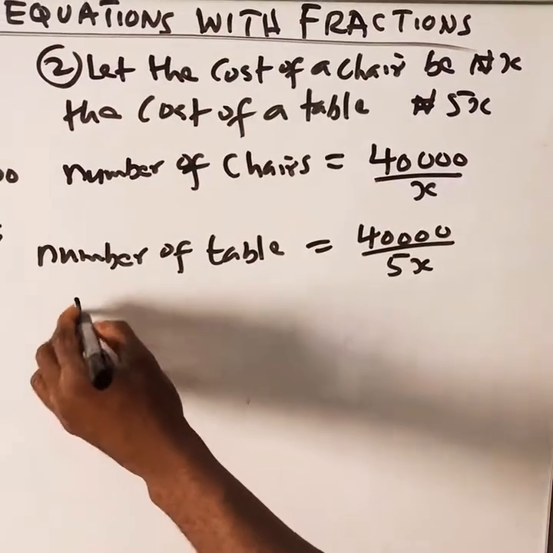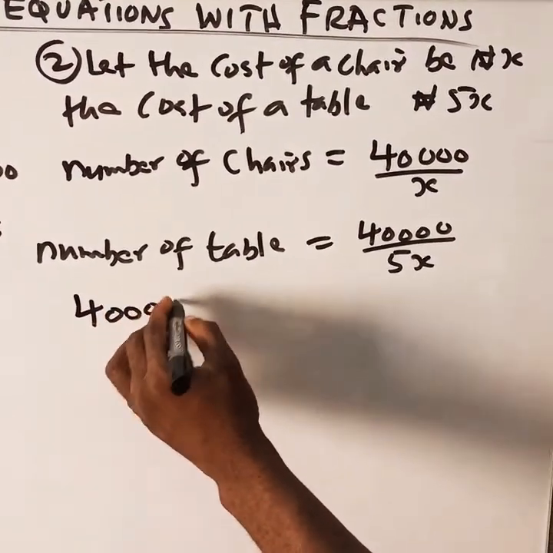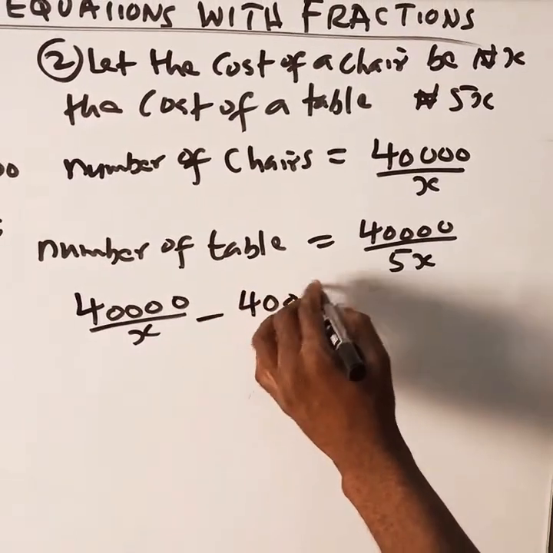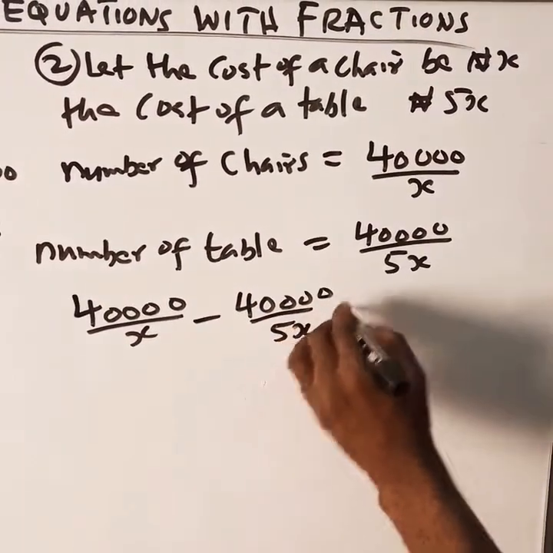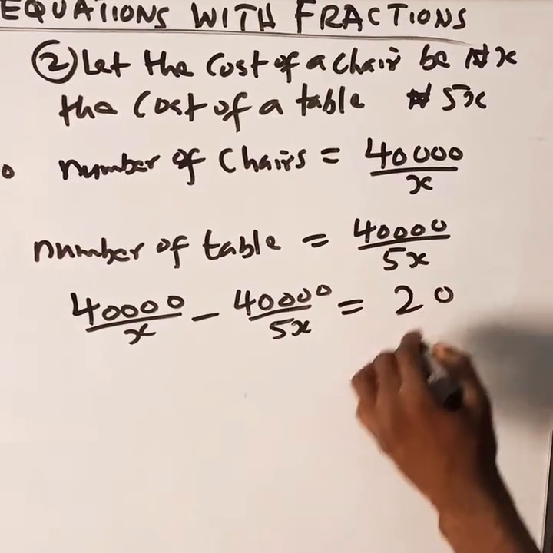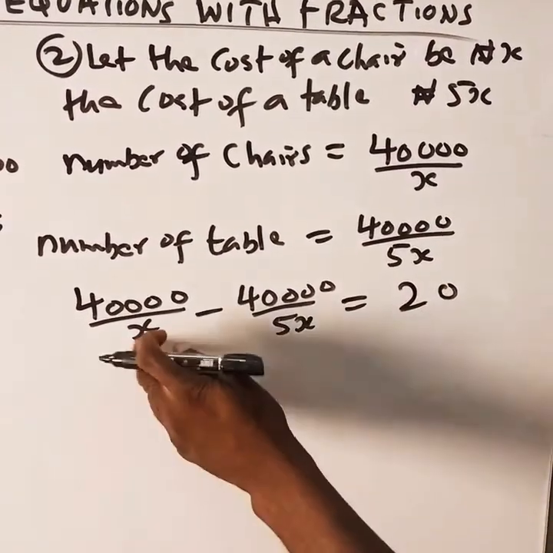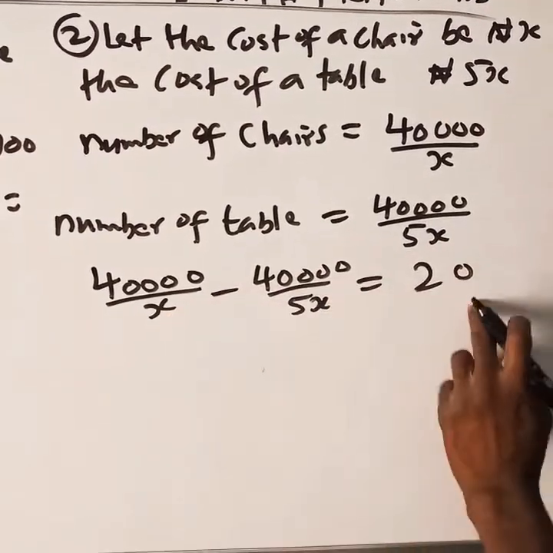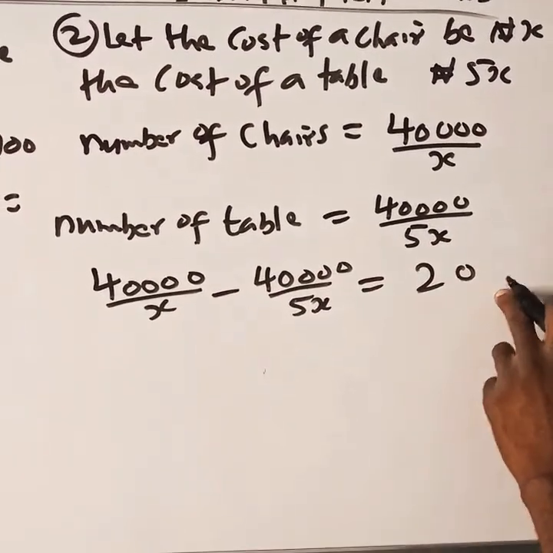That means that the number of chairs, minus the number of tables, will give you 20. Since you're having 20 more chairs, to get the number of chairs you subtract the number of tables to get 20. Or you add 20 to the number of tables.